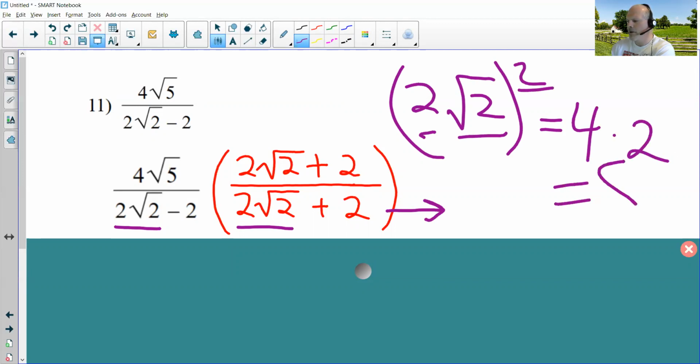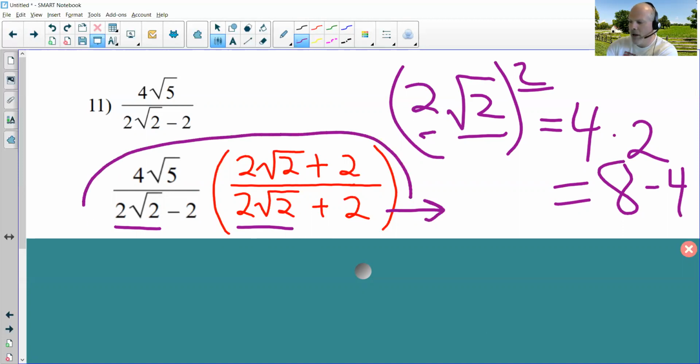So this equals 4 times 2, which is 8. So that's first times first. Last times last is negative 2 times positive 2, which is minus 4. So the denominator of this very ugly looking expression is just 4.